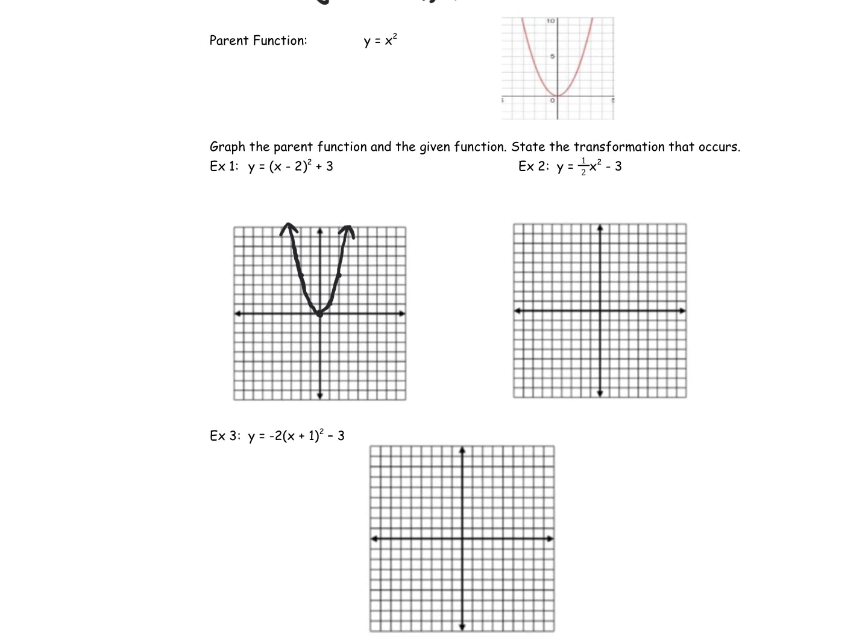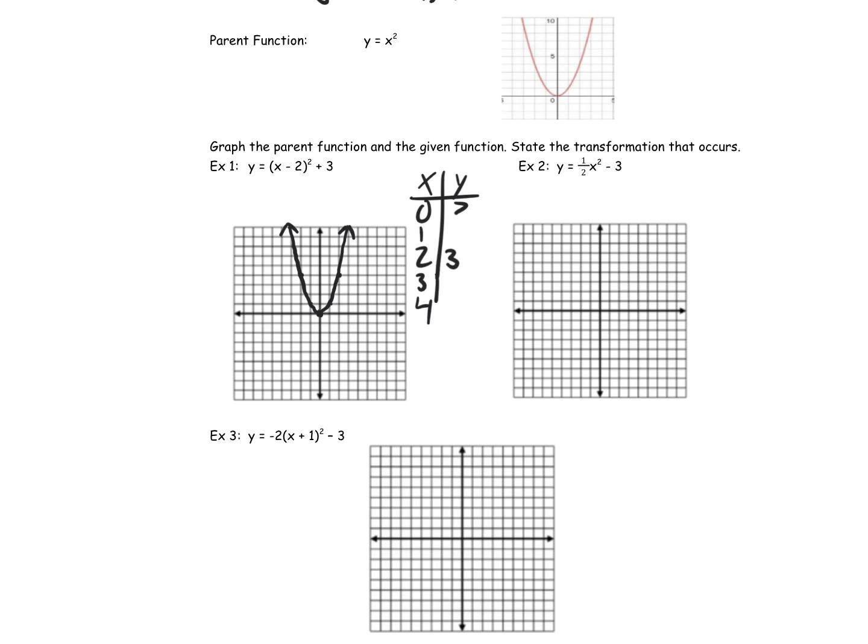Our vertex form, the way we graph from that is we're going to make an XY chart. We're going to put our vertex in the middle. Our vertex is going to be found at x minus 2, so 2, and then plus 3, so 2, 3. Then we're going to find two x numbers to the left of 2, so 1 and 0, and two to the right, so 3 and 4, and just run those through the function. 0 minus 2 is negative 2, negative 2 squared is 4, 4 plus 3 is 7.